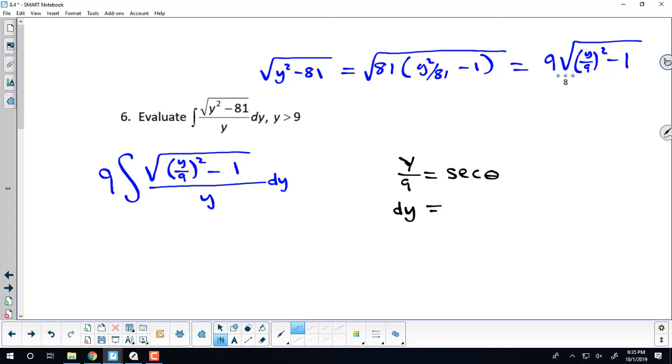And then what's dy? 9 secant theta tangent. Yeah, good. 9 secant theta tangent theta d theta. And our substitution y over 9 is secant implies also that y is 9 secant theta. So we're going to need all three of those to resubstitute for this integral here.